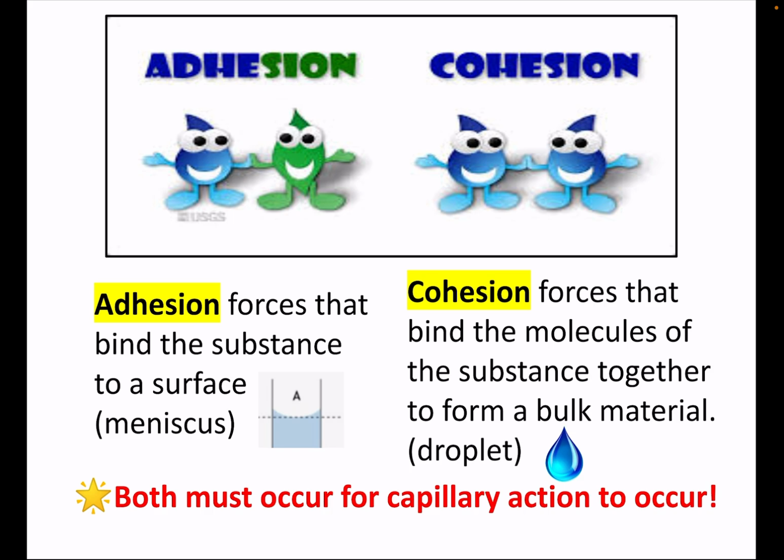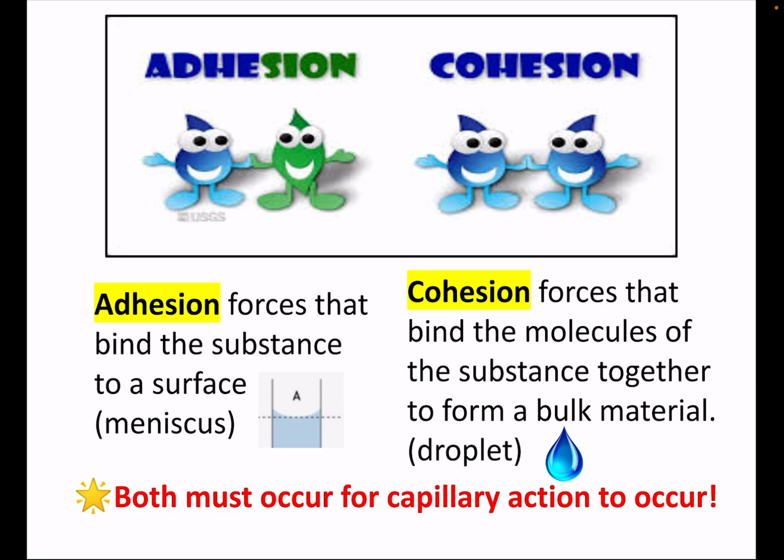Adhesion is the way that this molecule of water or another liquid can stick to a wall or a surface, such as a straw or the tubes in a plant or the sides of a graduated cylinder represented by A here. You see how it forms a curve? That's what I mean by the meniscus.